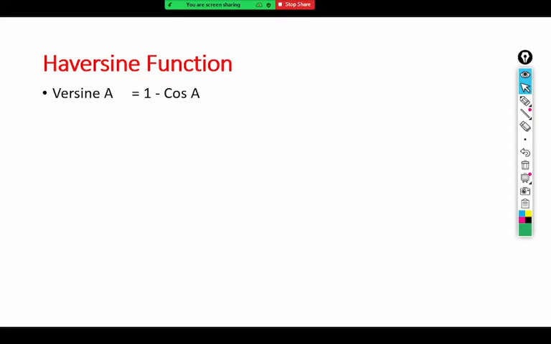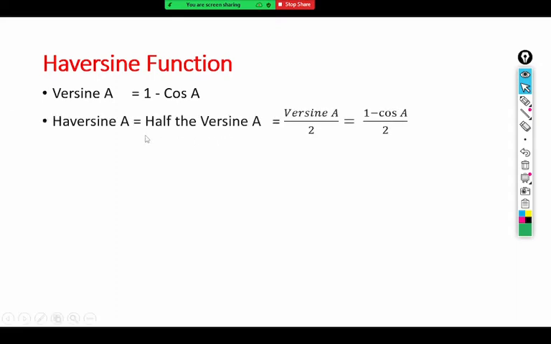So Haversine of A is half of the versine of A, and that is (1 minus cos A) upon 2. So you should remember the formula: Haversine of A is (1 minus cos A) upon 2.